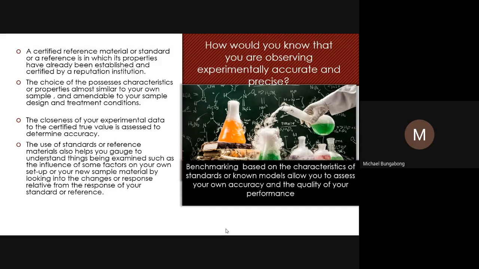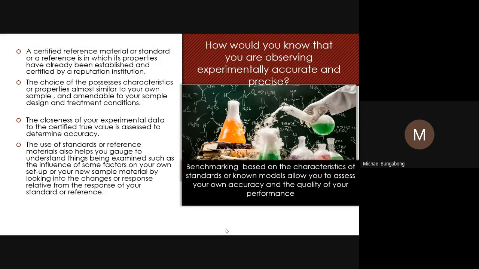Sabi dito, benchmarking based on the characteristic of standards or known models allow you to assess your own accuracy and the quality of your performance, which is true naman, right? So the use of standard reference materials also helps you to gauge and understand things being examined, such as the influence of some factors on your own setup or your new sample material by looking into the changes or response related from the response of your standard or reference.